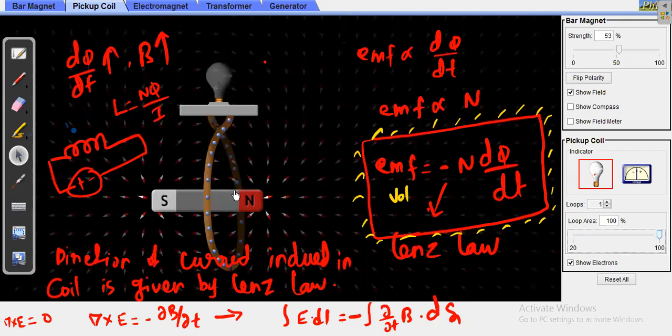Then what is the case? Is it true or not? Anybody? Do you have any idea? When I am changing the loop area, it is not showing any effect. What is the reason? Please try to find out. Why? Okay.